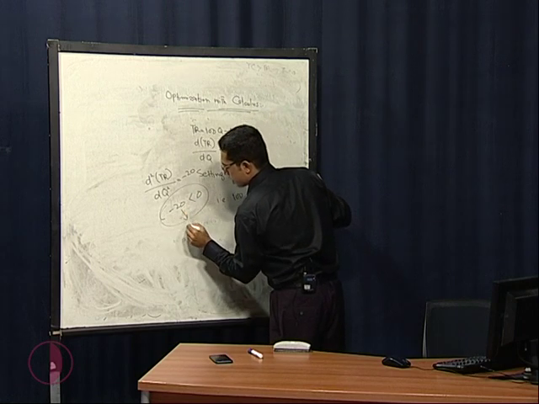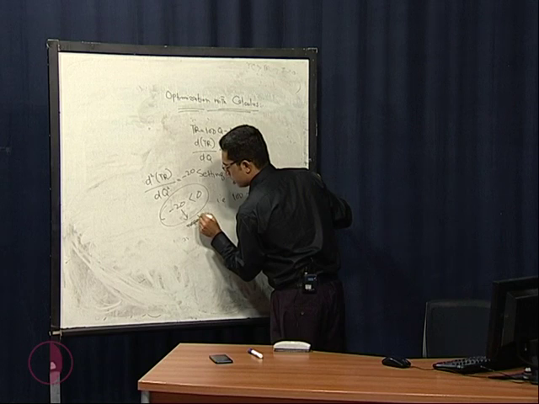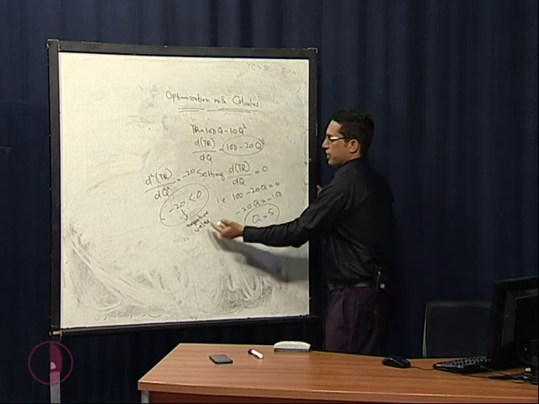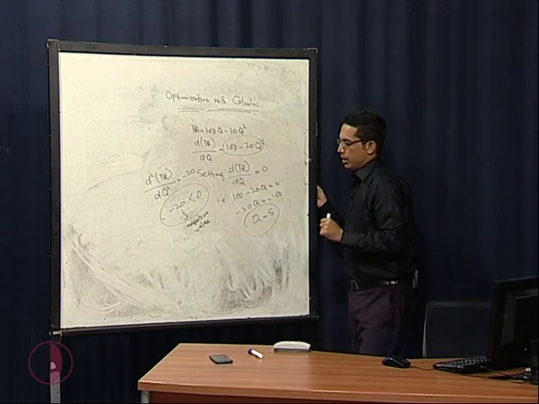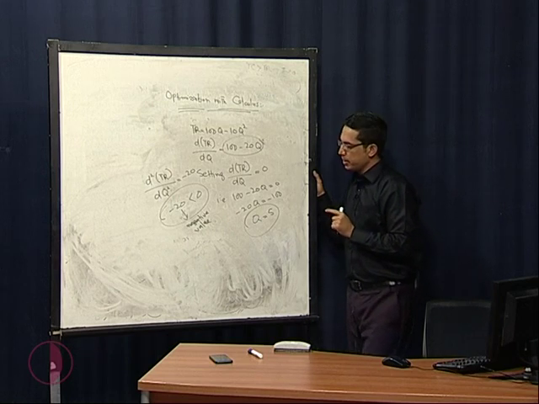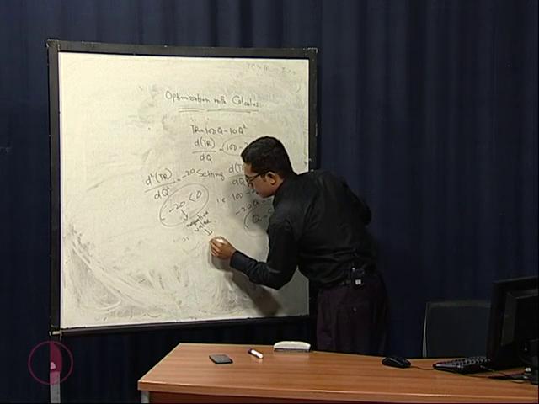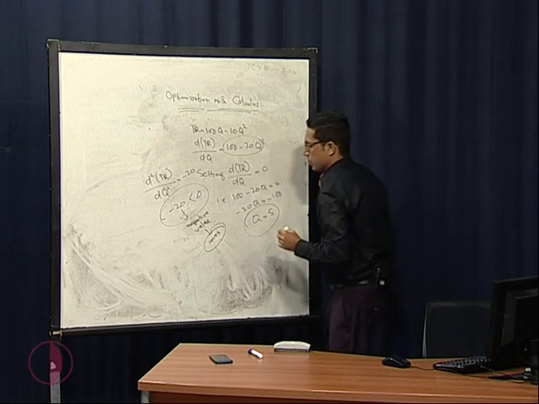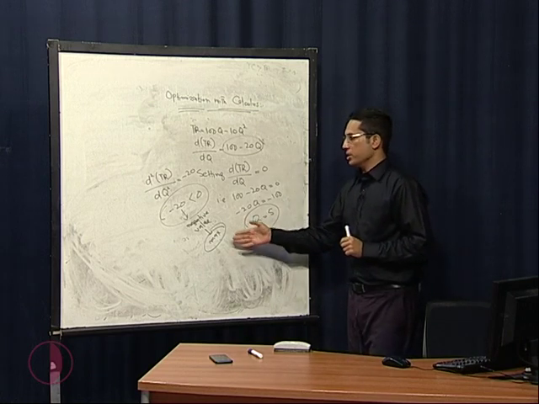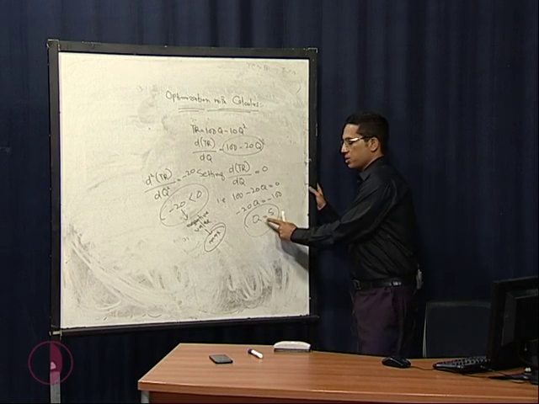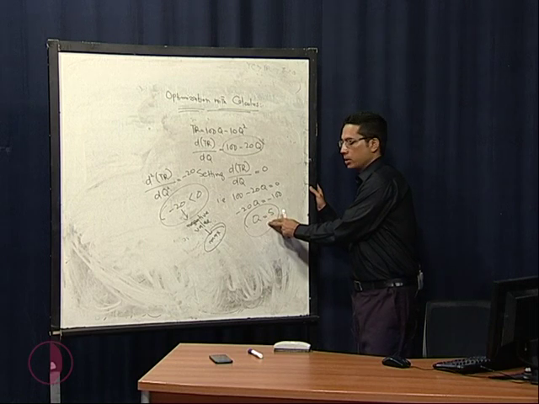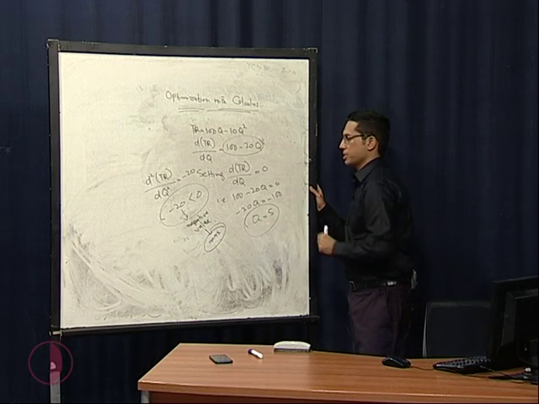It is a negative value. If the second derivative is a negative value, it means maximum. What does it mean? It means that for a maximum total revenue, the firm should produce 5 units of output.